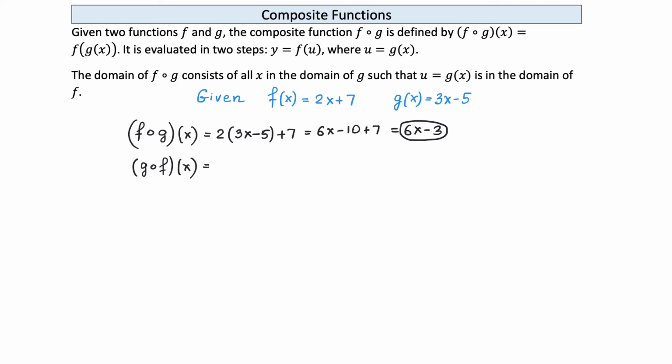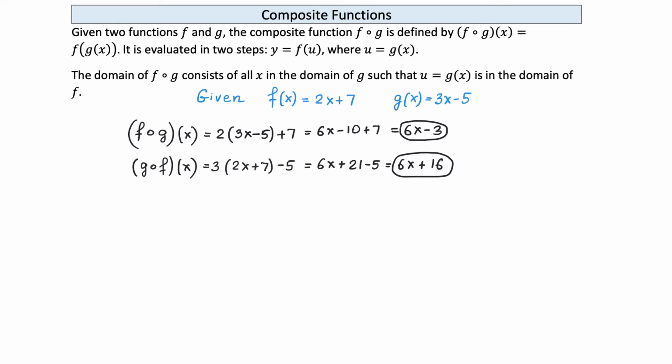So let's bring down 3, and then in place of x we will write 2x plus 7, then minus 5. We will simplify this as well, and we will get 6x plus 21 minus 5 equals 6x plus 16.